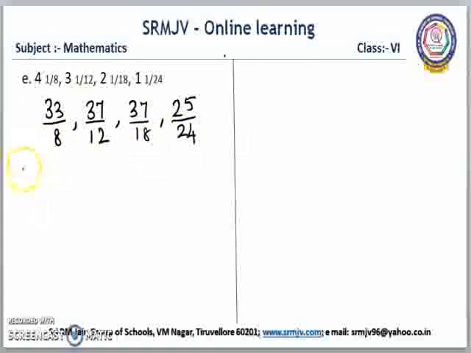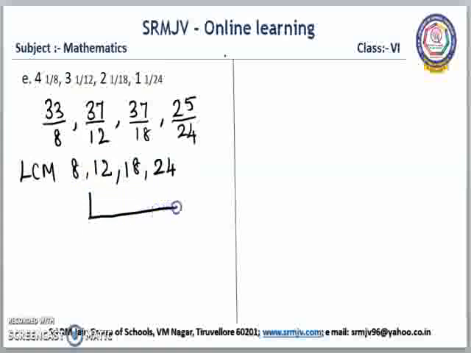So we have to find the LCM of the denominators, that is the LCM of 8, 12, 18 and 24. The same L division: 8, 12, 18, 24. Now all the numbers are divisible by 2, so we are dividing by 2. In 2 table 4 times, 12 in 2 table 6 times, 9 times 18 and 12 times 24.